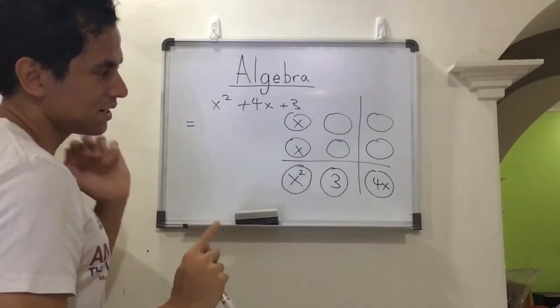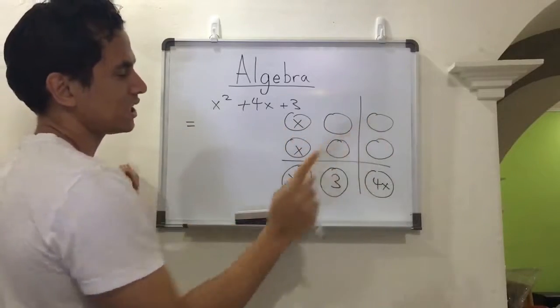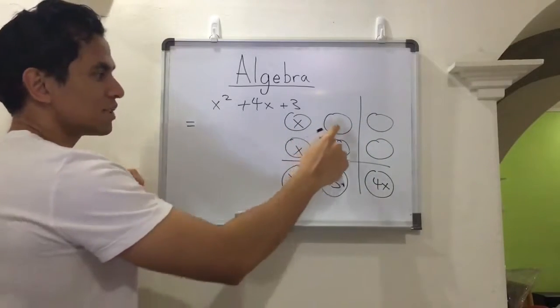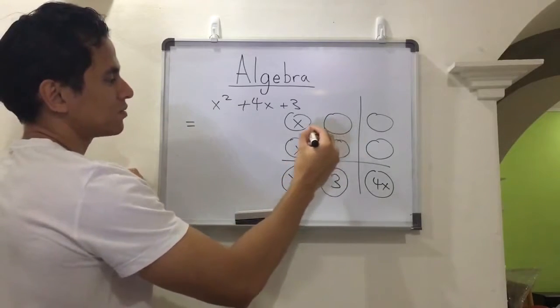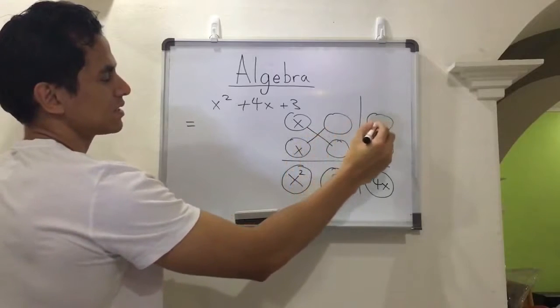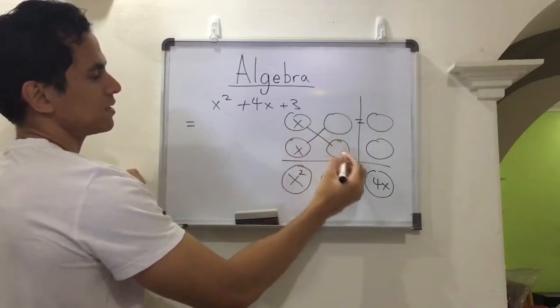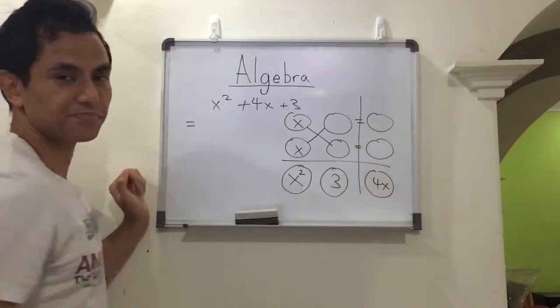It's slightly different: these 2 are multiplied, and this is addition. Later on, once you put a number here and here, you have to cross multiply these 2. So this times this will give us this, and this times this is going to give us this.